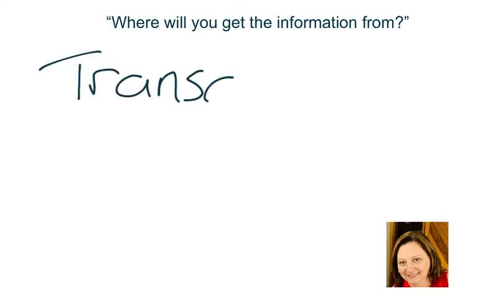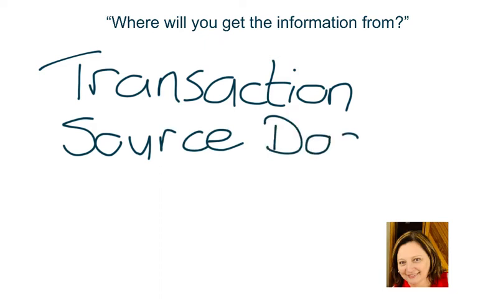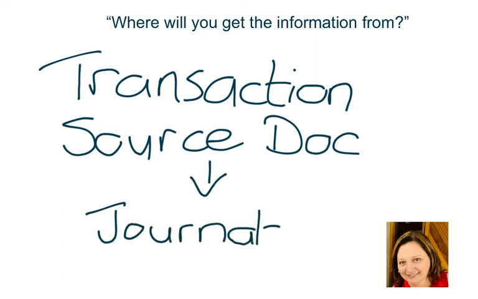And from the transaction, we received a source document. And what did we do with the source document? We entered that source document into our journals. Now, we refer to these journals as the books of first entry. You could also refer to those as the books of primary entry.